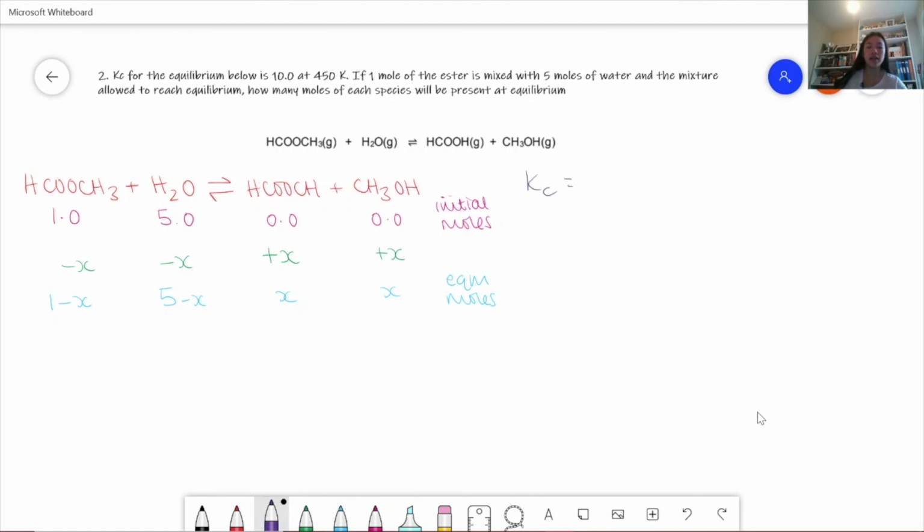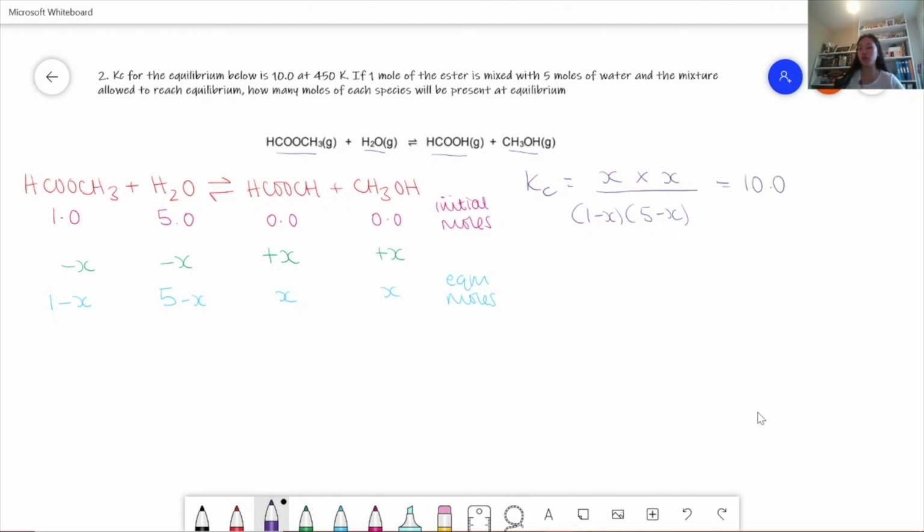Kc is equal to the moles of this times the moles of this over the moles of this times this. So we would have X times X over 1 minus X times 5 minus X. And we know that the Kc is 10, so that all equals 10.